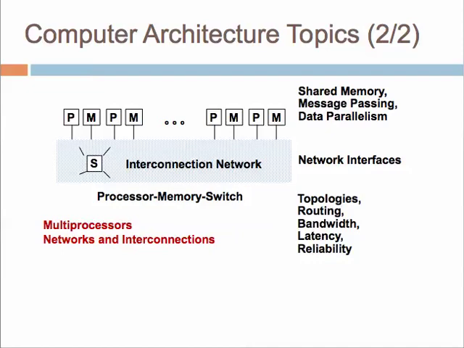The memory could be shared among all these processors, such that you do simple load store instructions to load a value from memory or store a value into memory, which would simplify your programming aspect, even though there are multiple processors.